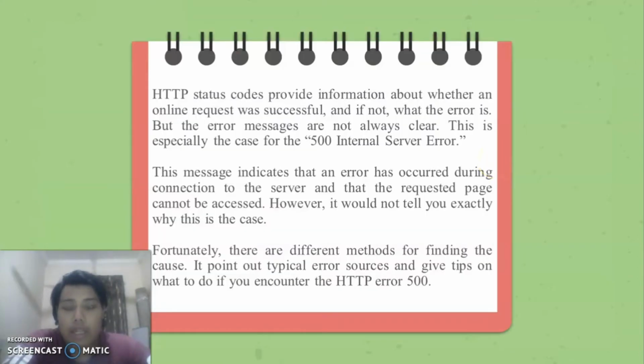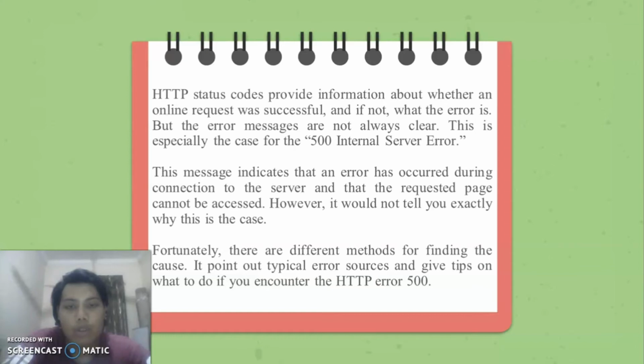Next is HTTP status codes provide information about whether an online request was successful, and if not, what the error is. But the error messages are not always clear. This is especially the case for the 500 internal server error. This message indicates that an error has occurred during connection to the server and that the requested page cannot be accessed.